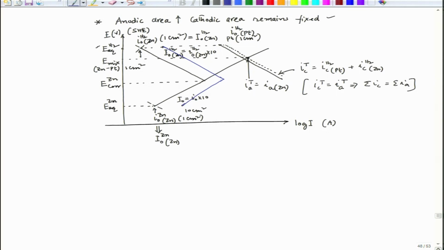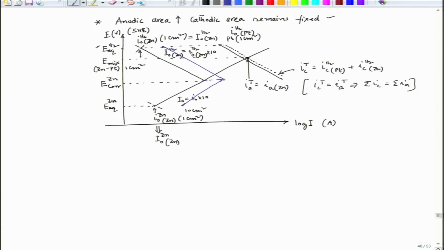like this. So this becomes my E corr, and interestingly we will see later with the calculation that this point does not change even if we increase the area, because the slope remains the same. This point will move to the right side, that is the only change that will happen.